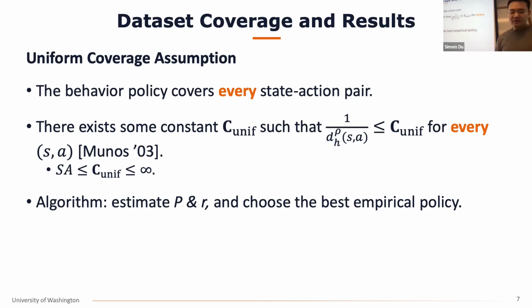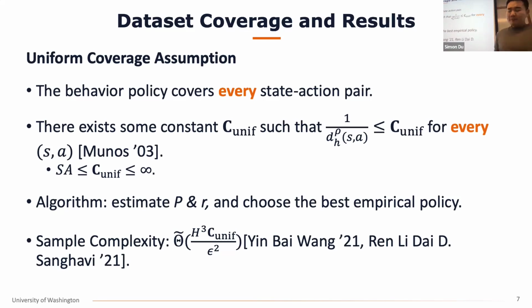That's the algorithm. To compute this optimal policy, you just use dynamic programming, which is the standard way in reinforcement learning. In this setting, we pretty much settle the sample complexity. It scales in this form: H cubed times C uniform over epsilon squared. That's a tight sample complexity bound.